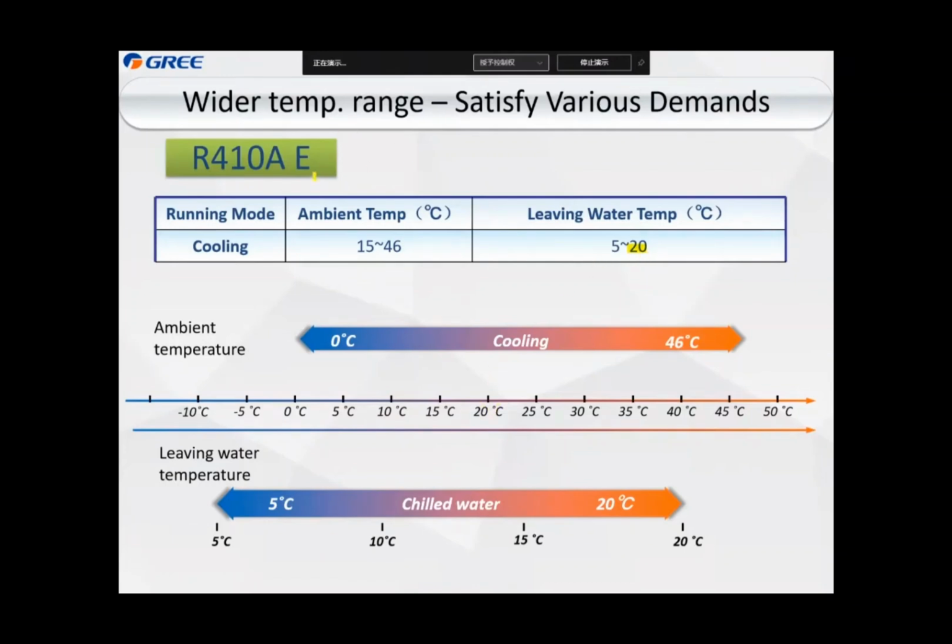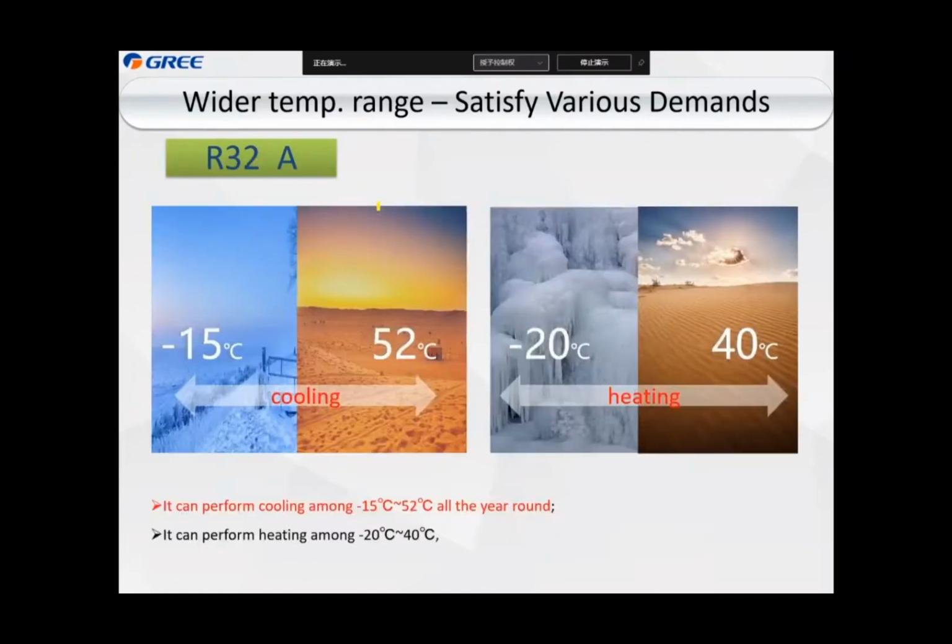So this is also an advantage for the D series. And the R32 unit, the A series, cooling is minus 50 to 52, minus 20 to 40 for heating mode. So this is wider than the D series and the E series, because this one is an inverter unit.